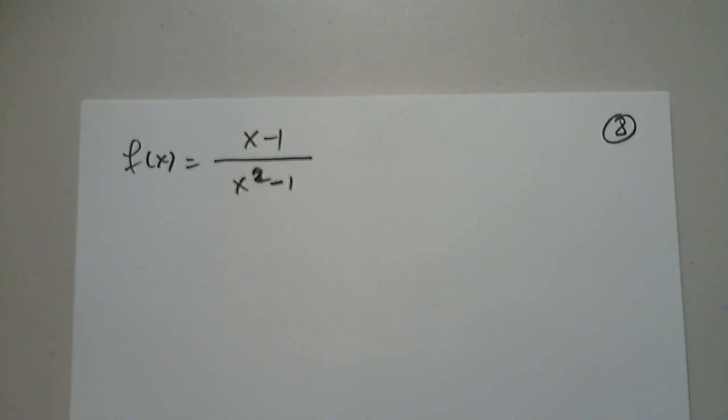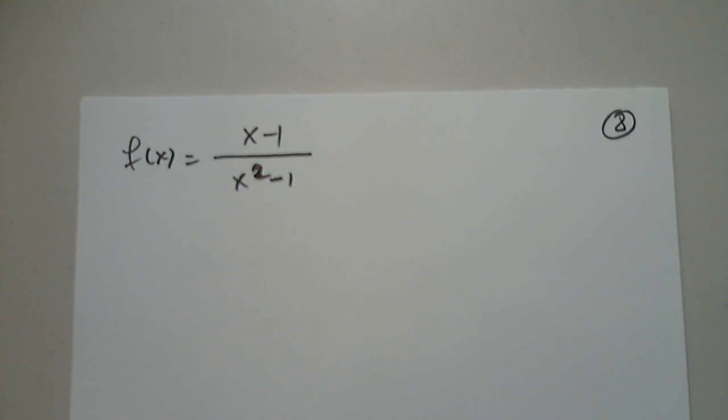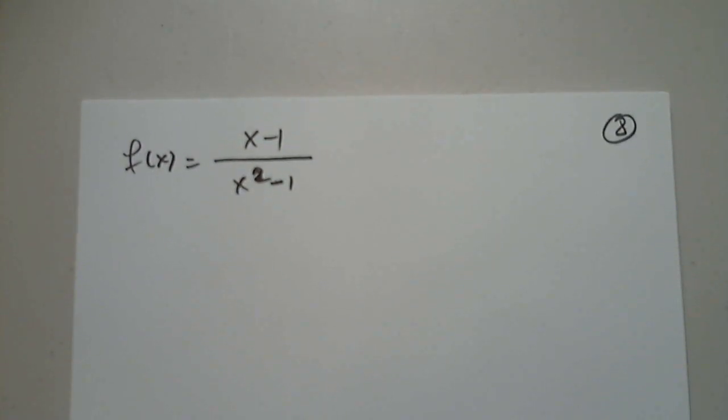Just tell me what would you do first to find the domain. Anyone? How do we find the domain of such a function? What do I have to do first before I state the domain?